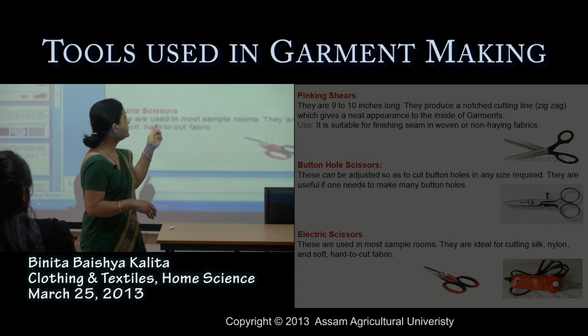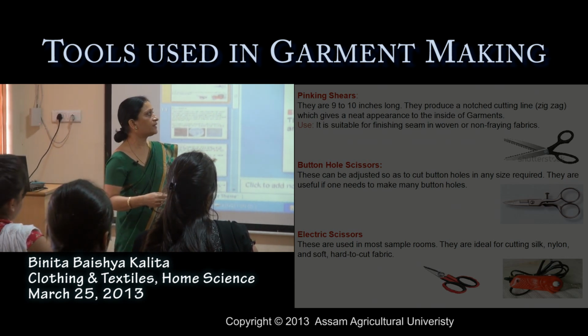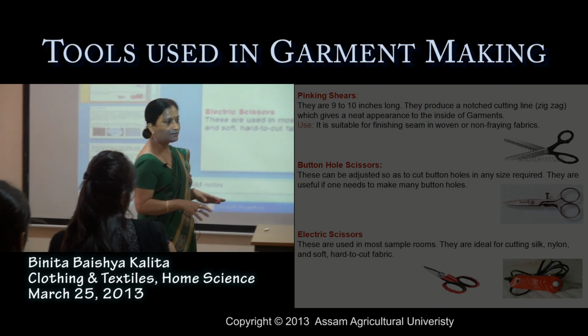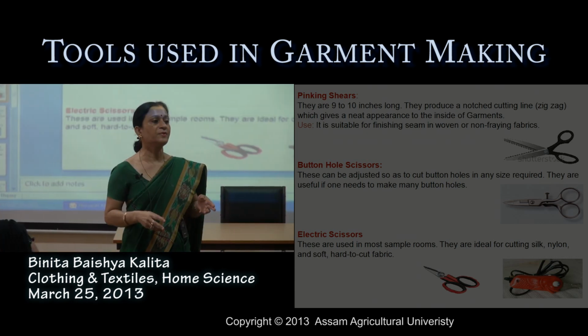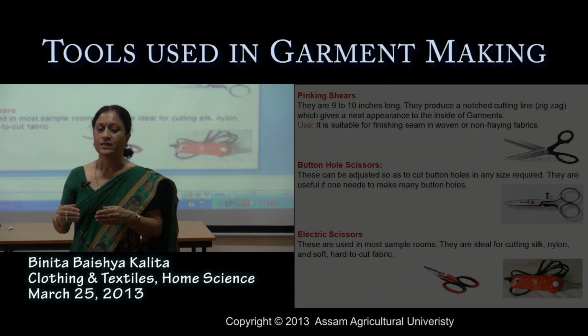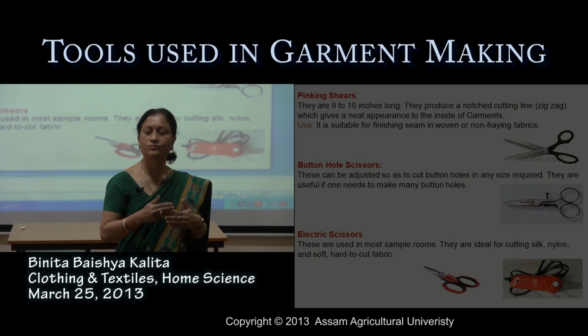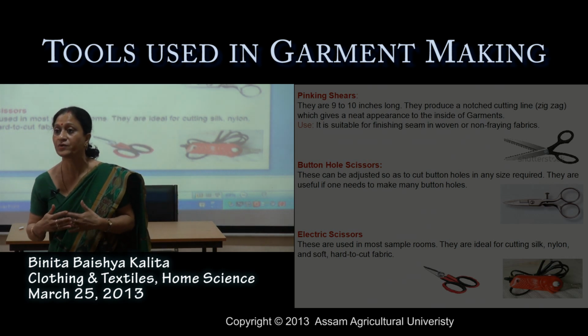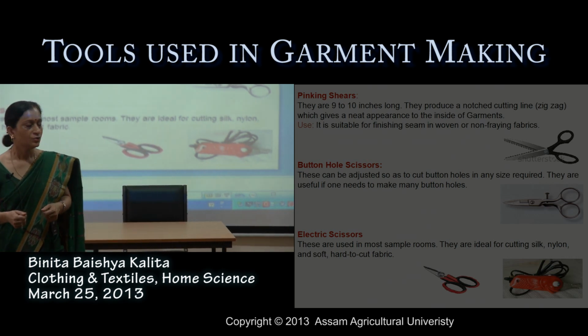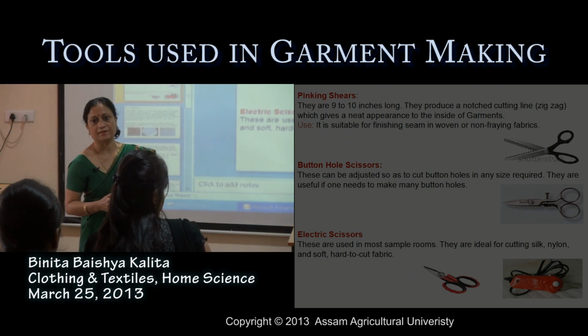These scissors are 9 to 10 inches long and have two handles. The zigzag cutting edge will help the fabric not to fray too much, so it protects the fabric from fraying.